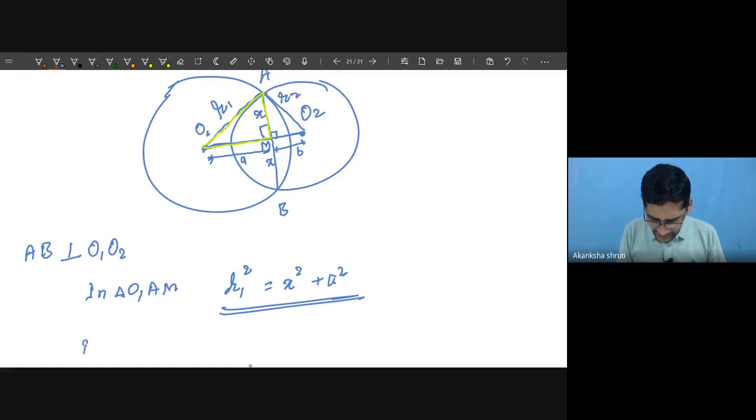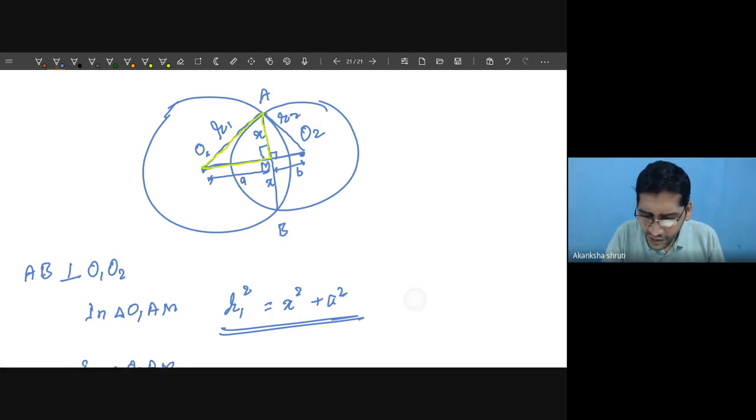Similarly, you need to take the other triangle. In triangle O2AM, what do we have? We have now R2 on the other side. We have R2, this length, this as B, and AM as x.